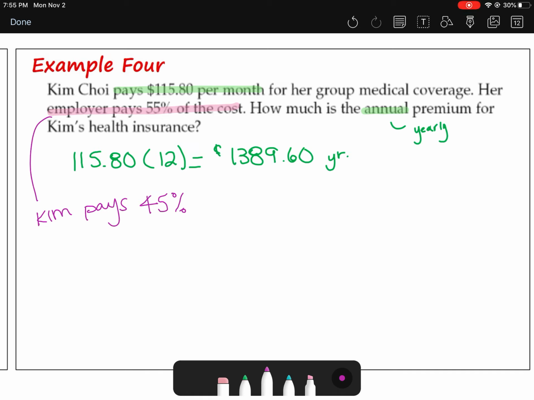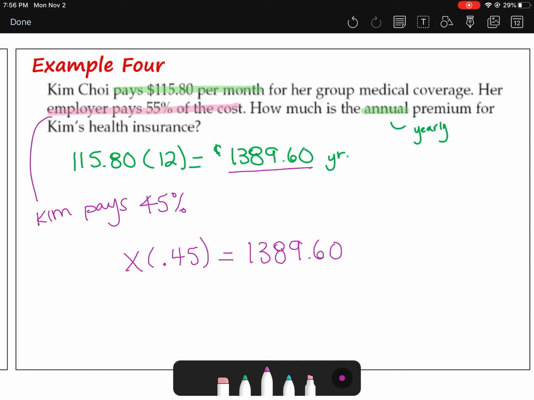Okay, so then we would set up the problem, because normally what we do is we take the cost times the percent, and that gives you how much you paid. Well, I don't know what the premium is, so we're going to use X. I know she pays 45%, and I know her annual, which is 1389.6.